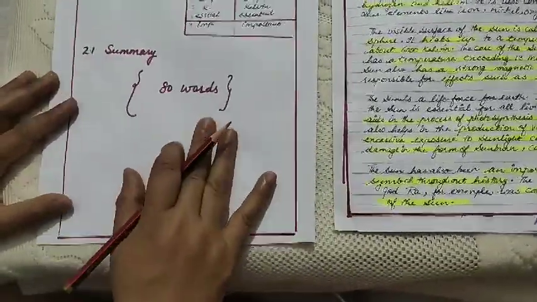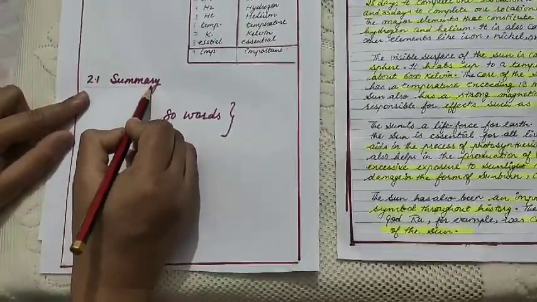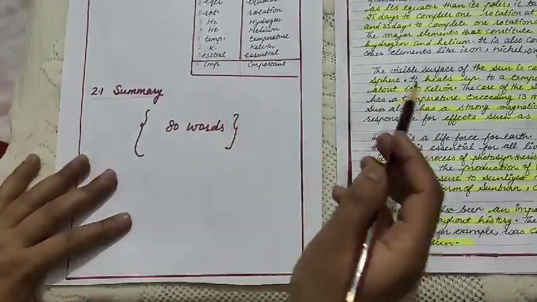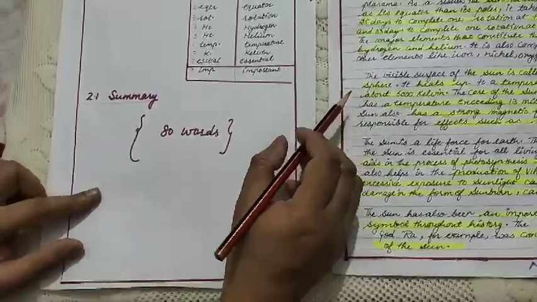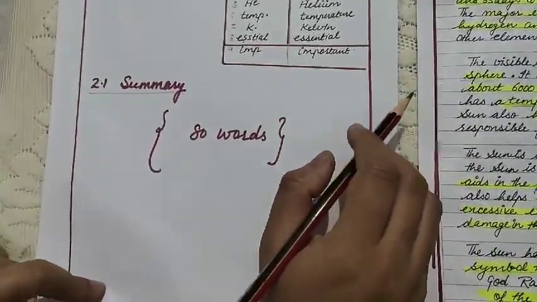The next part is 2.1, that is the summary. So summary is what? You will not copy whatever is written in your passage. What you will do, that is a very easy thing, from starting to end this should cover, right?